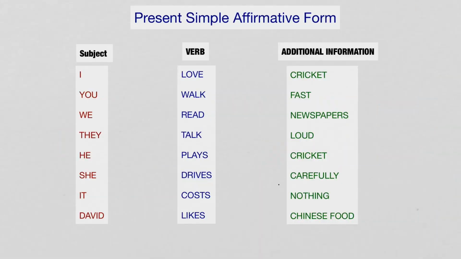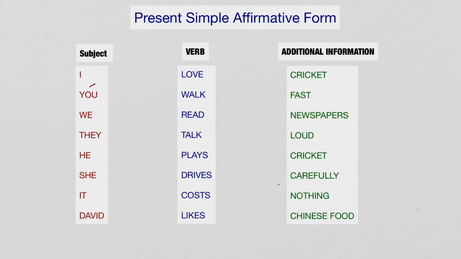So this is now in tabular form. I, you, we, they, he, she, it, David. Now I've made some sentences. I love cricket. First form of the verb only, because with I, first form. You walk fast. Only the first form of the verb. With we, read newspapers.